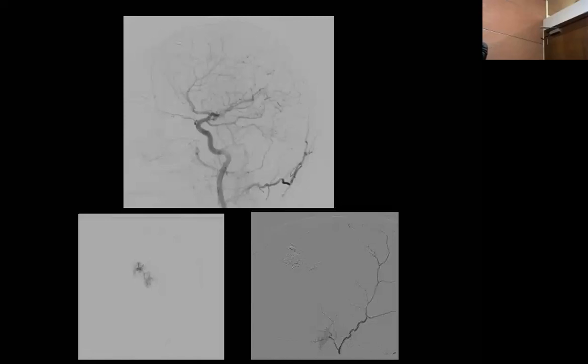But this is more like an eyeballing thing. You cannot do it accurately on the angiographic machine unless you do a cone beam CT. Now you can almost calculate a more accurate volume of embolization. You can calculate the volume that has been embolized on post-embolization MRI, not on angiogram.